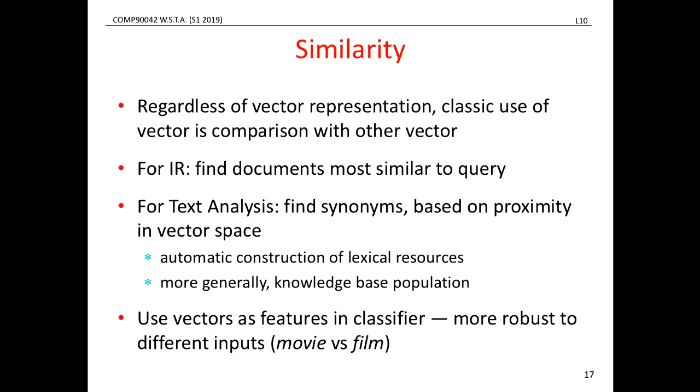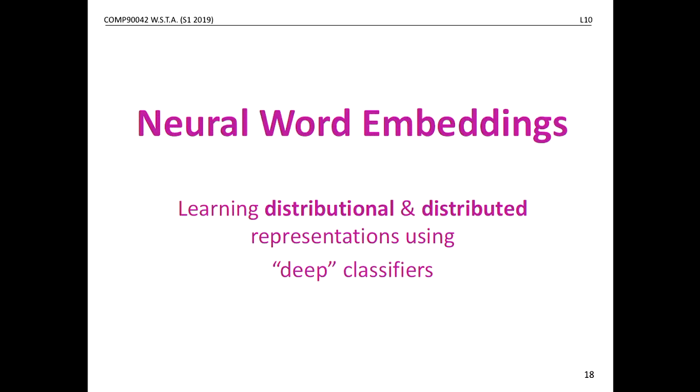Okay, so the other mechanism for learning these things is using a neural network architecture. SVD is one way of solving things, based around matrix decomposition, and neural networks are other ways that we can learn these kinds of representations.